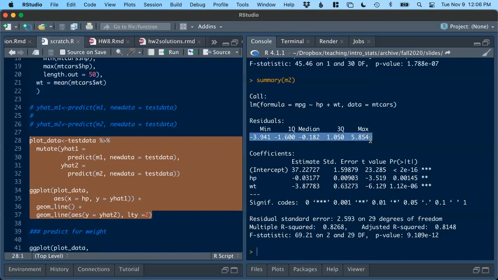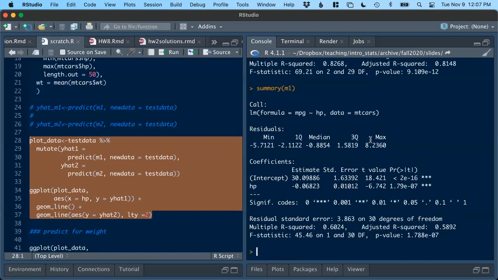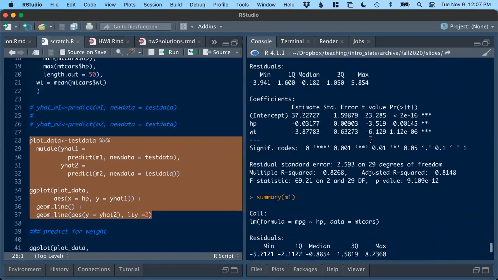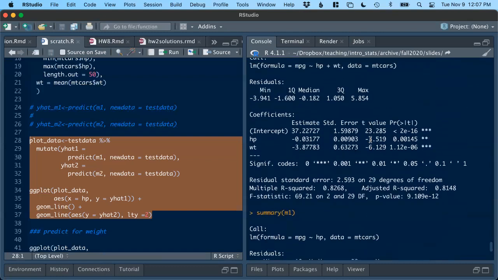Here on model 2, our errors range from minus 3.9 to 5.8, so the range on our residuals is compressed compared to model 1. On model 1, we had a much larger range, minus 5.7 to 8.2, meaning our guesses were wrong by more in the first model than in the second model.